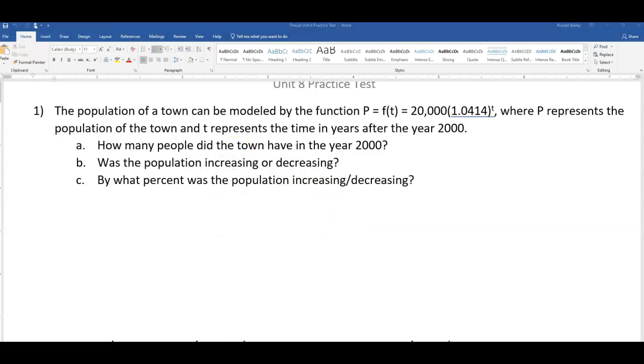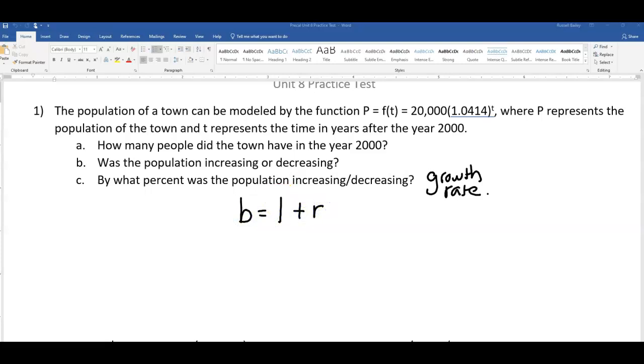All right, part C: by what percent is the population increasing or decreasing? This is just another way of asking what is the growth rate. As you may know, B is equal to 1 plus or minus the growth rate.